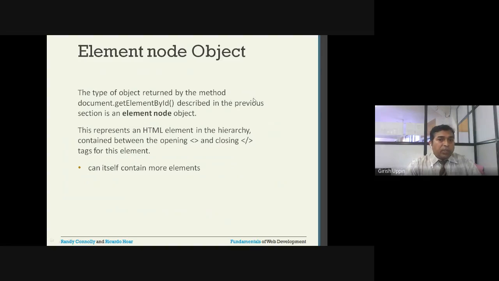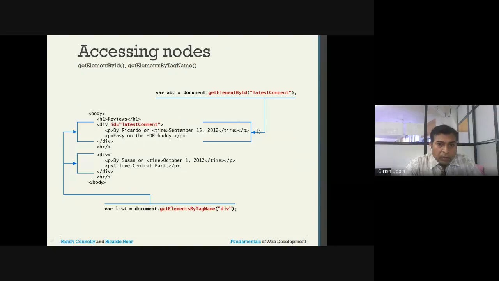The type of object returned by the method document.getElementById described in the previous section is an element node object. Whatever this returns is an element, in this case a div. The element object with this id is returned, and if there are multiple objects, they will be sent as a list.